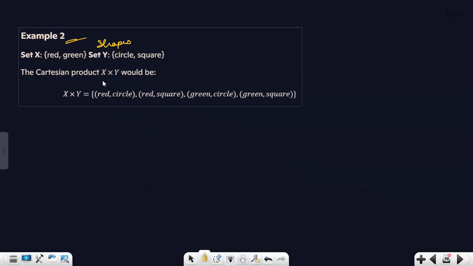So if we have these two categories of material, lots of material of two shapes, circle and square, and lots of material of two colors, red and green, like paint color, then what kind of different elements can be made out of them will be represented by the Cartesian product of these two sets.